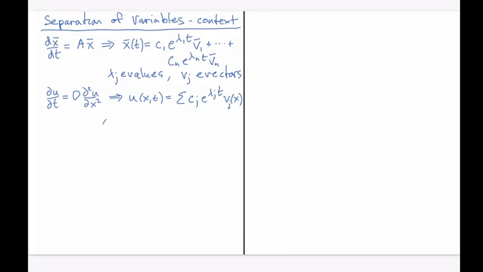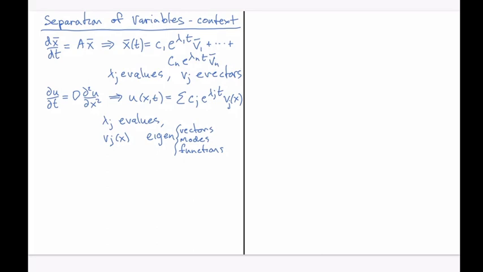And here we still use the same language. Lambda_j are the eigenvalues, and the v_j are sometimes called eigenvectors, which is a generalized notion of vector to include functions, or sometimes they're called eigenmodes, and sometimes they're just called eigenfunctions, which is probably the most descriptive and familiar way of describing what those are, because they're immediately recognizable as functions.